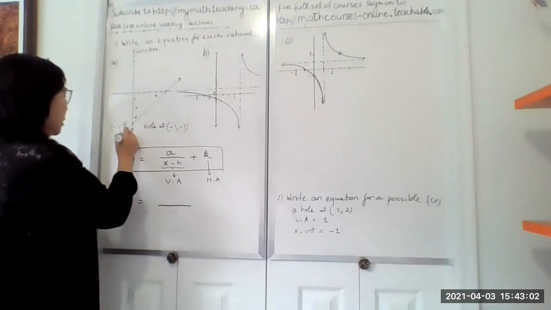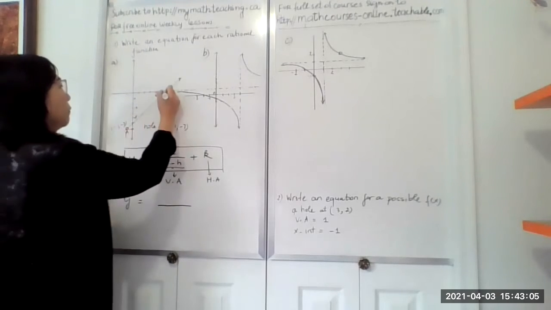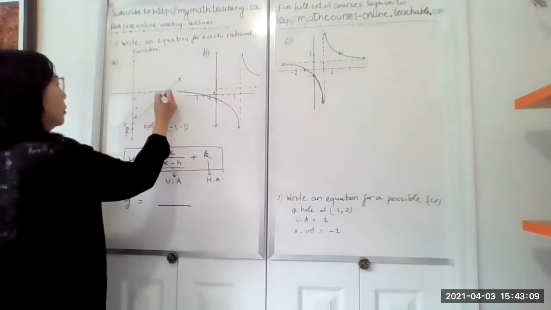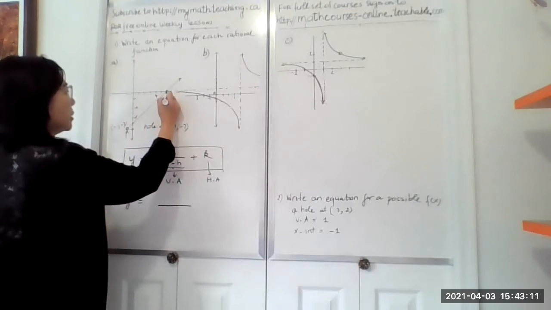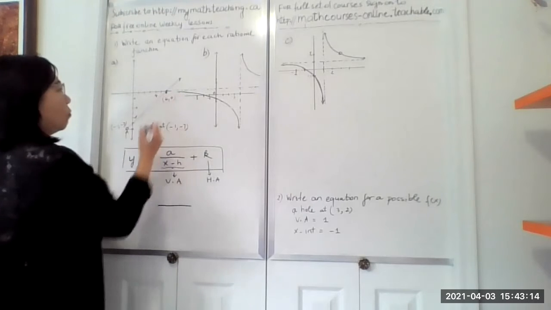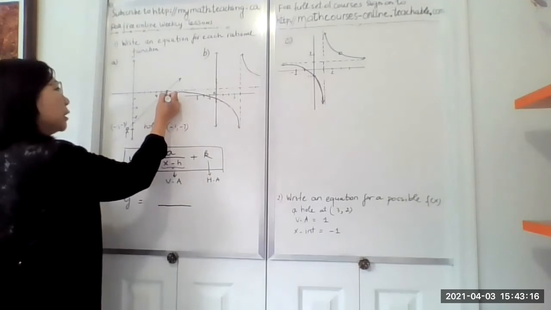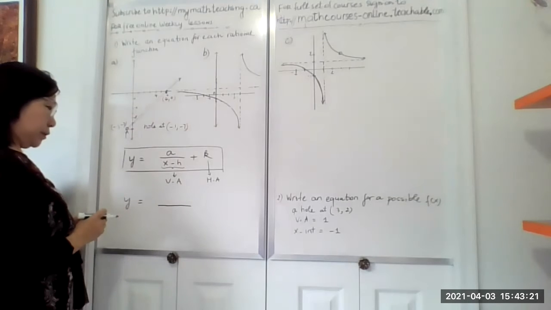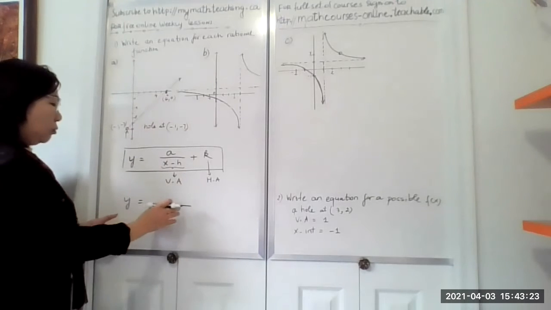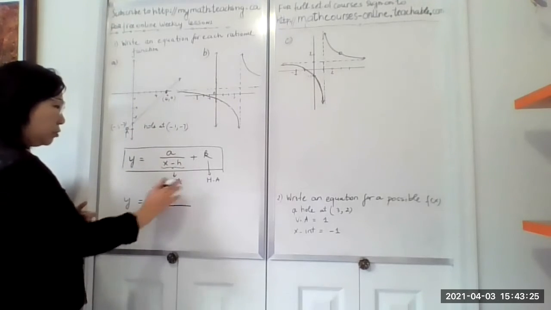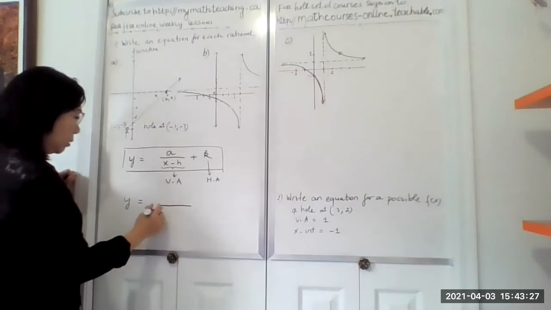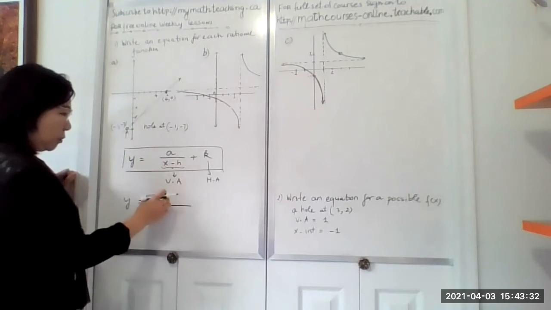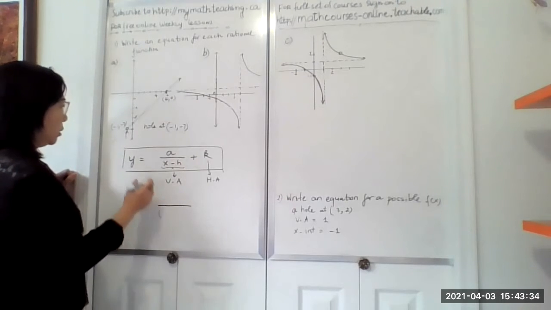So we focus on this. What else do we focus on? We also see we have an x-intercept here, which is 6 for x and 0 for y. So we try to take advantage of whatever on the graph we can. Now, when we have a hole in the rational function, it means we have a denominator and a numerator factor we can cancel out.